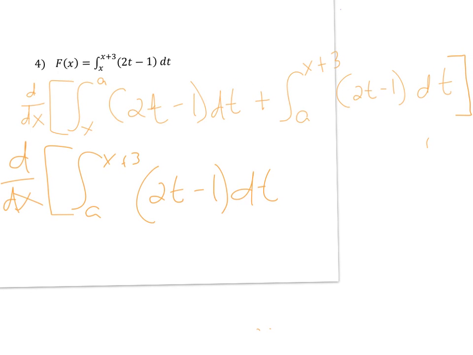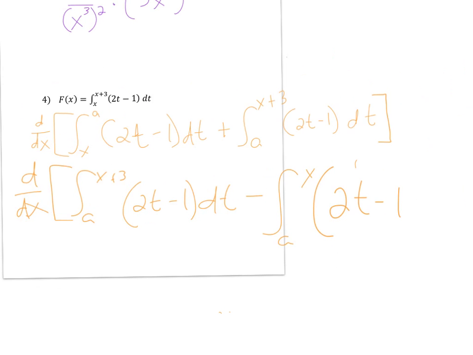And then this is going to become subtraction now because we're going to switch these around. So instead of plus, it's going to become minus. And then we're going to switch these around, a to x. So what that's going to do for us is give us our 2t minus 1, and of course our dt. And then close our bracket.